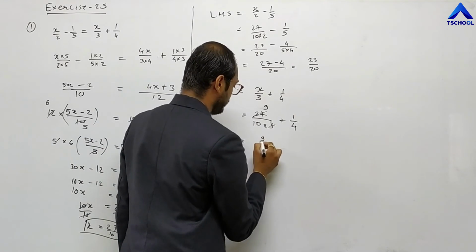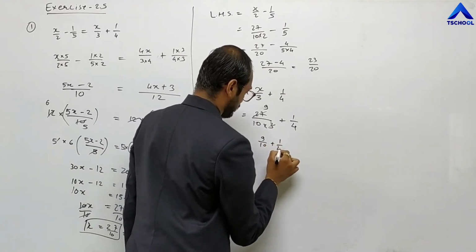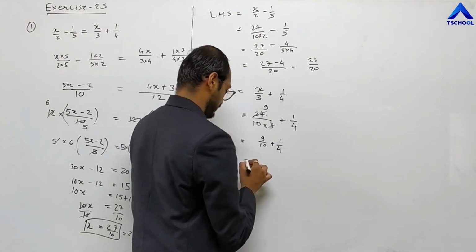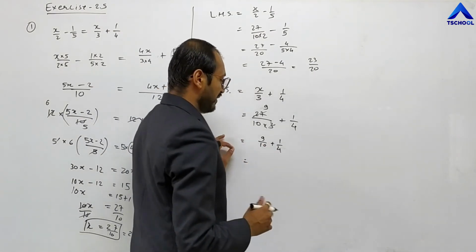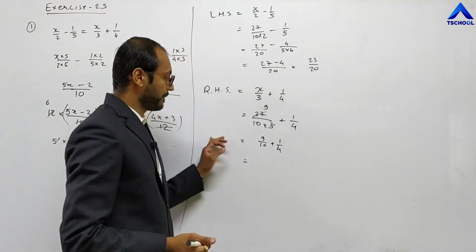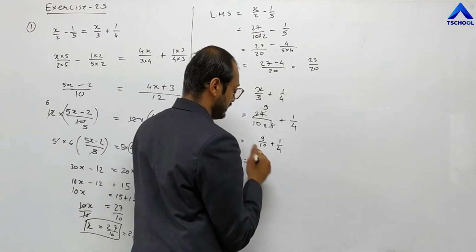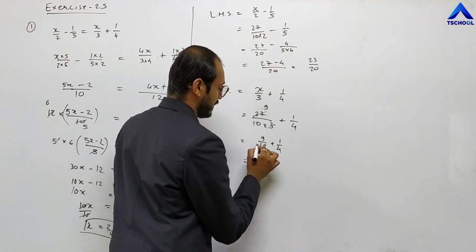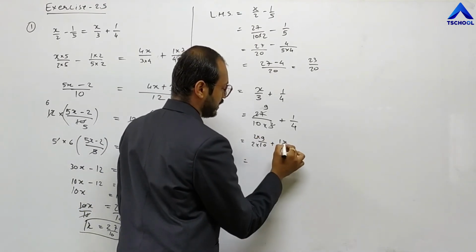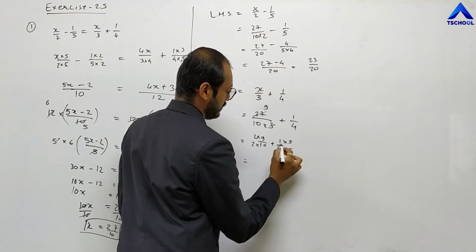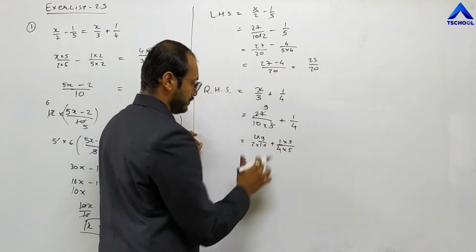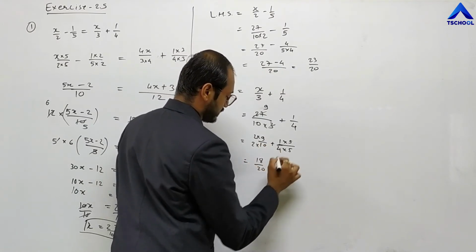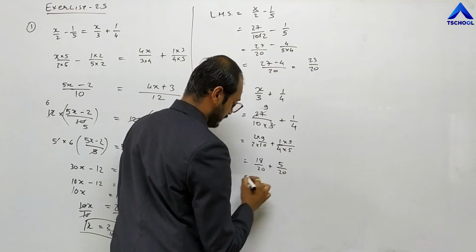Now what is the LCM? The LCM of these is 20. To make the denominators equal, we multiply here by 2 and here by 5. So 9 twos are 18 divided by 20, plus 5 by 20.